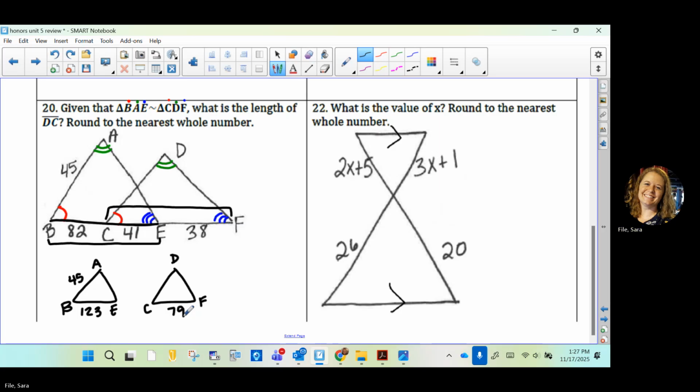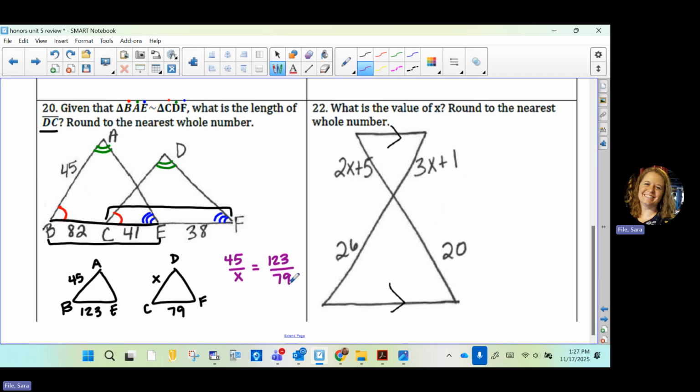Then they ask us to find DC, which is here. So now it's easier for me to see my ratio. Again, I can do 45 is to X as 123 is to 79. Or I could have done 45 is to 123 as X is to 79.